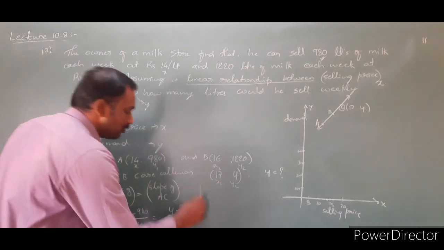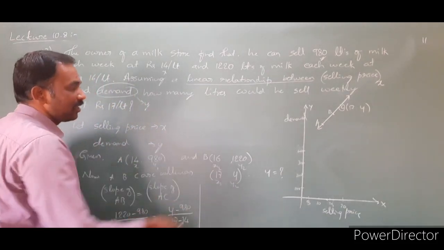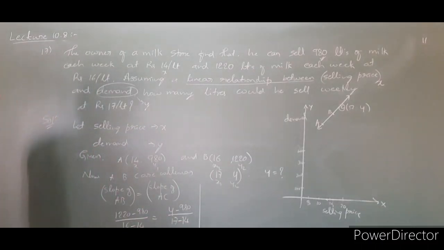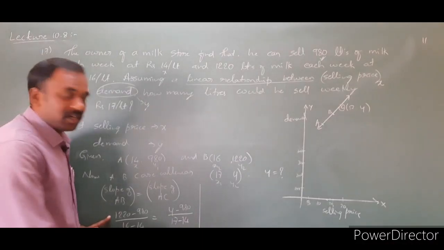Are you clear? Now simplify this one. Can I rub this diagram or keep as it is? 1220 minus 980, what is the value?